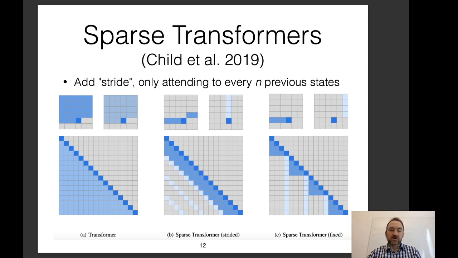So switching gears a little bit, there are also methods for sparse transformers. And these are also essentially striding methods, but they're calculated over entire sequences.